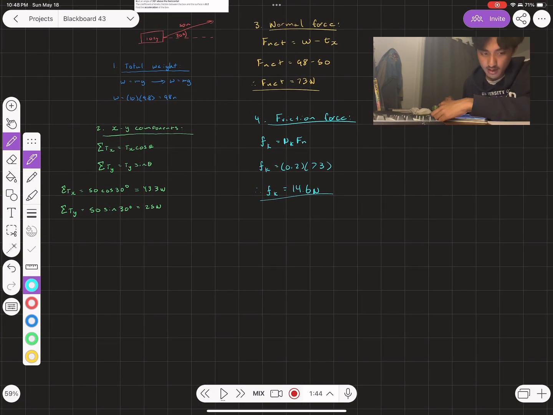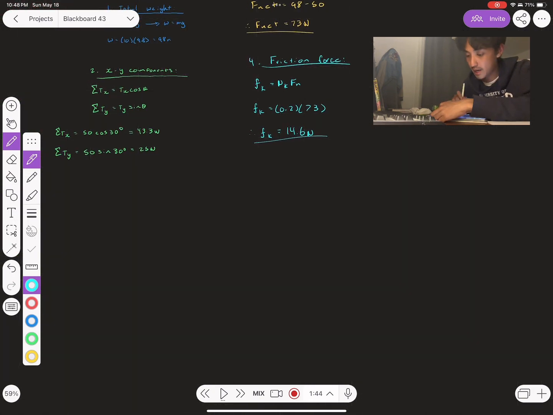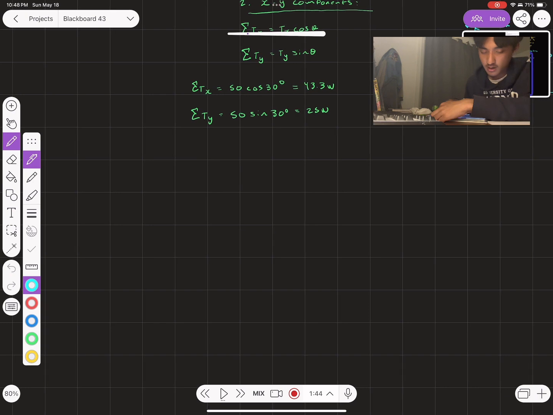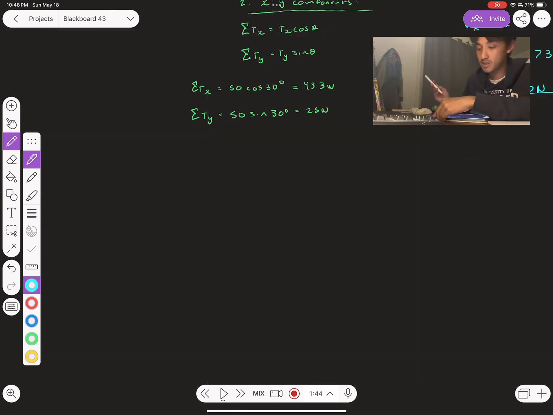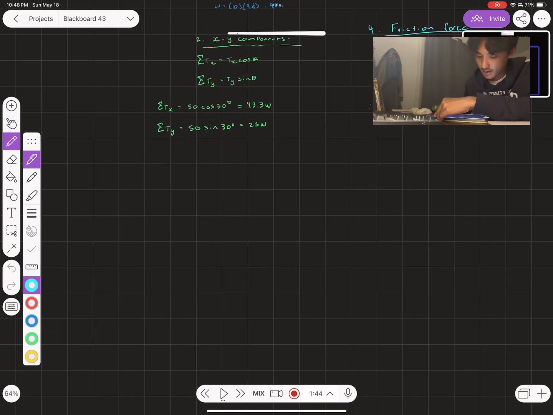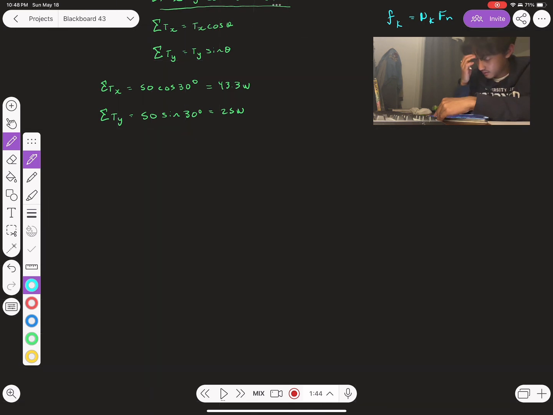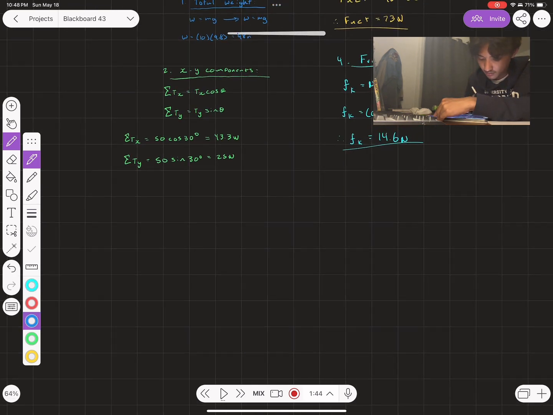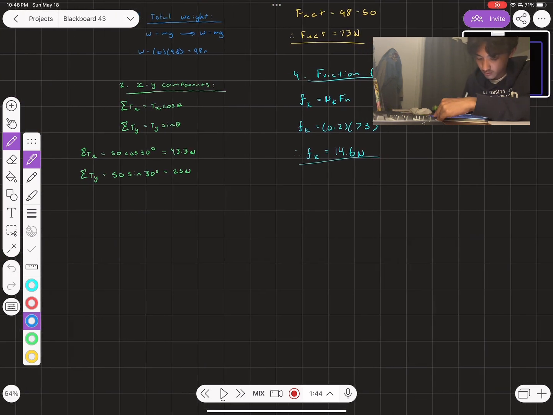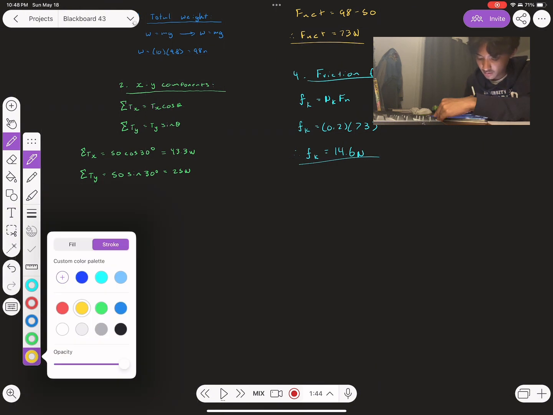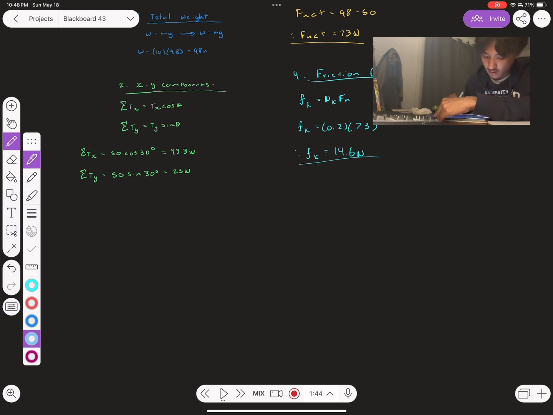And now that we have that, we can apply Newton's second law. I'm just going to change some colors here. Okay, there we go.